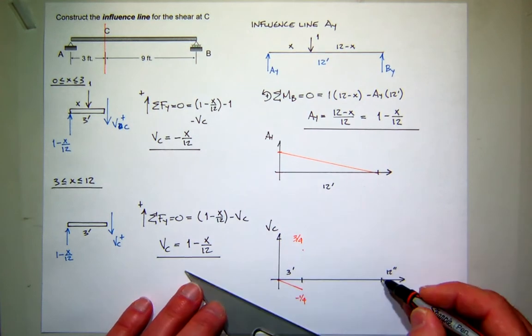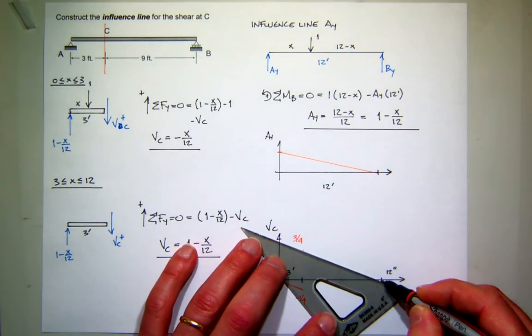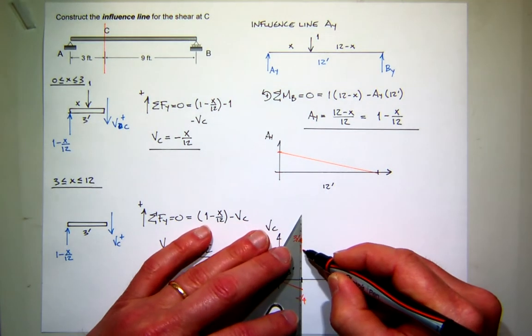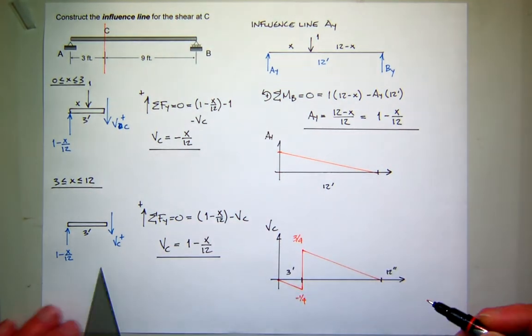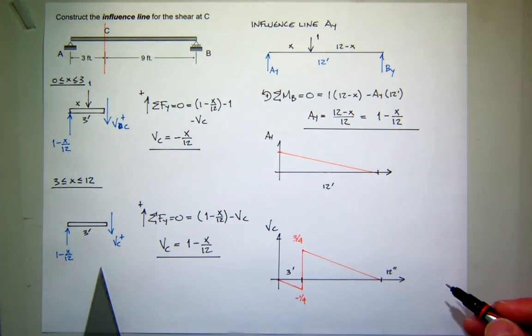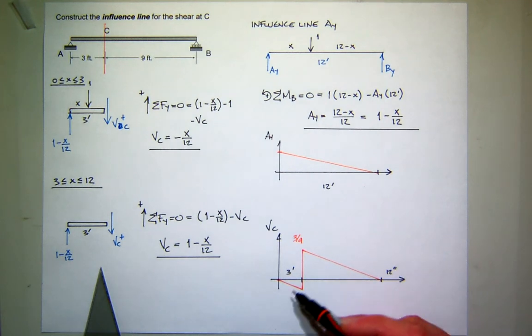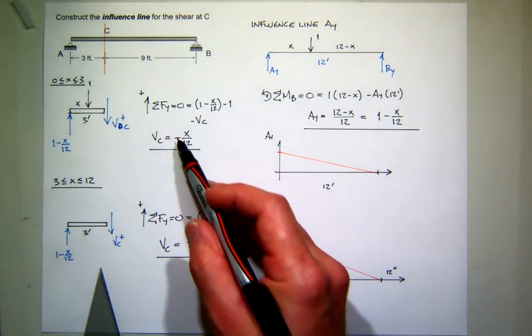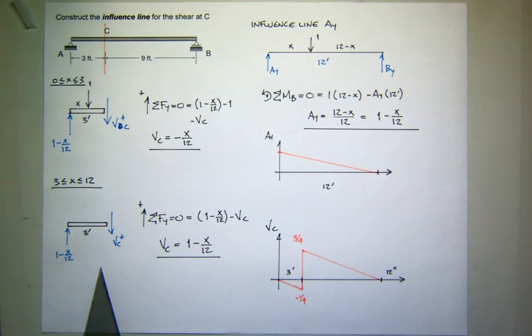I put in 12 there, and I get 0. So this is my influence line for the shear at C. One thing to notice is these slopes are the same, because this is the slope of the line, 1/12. The slopes are the same.